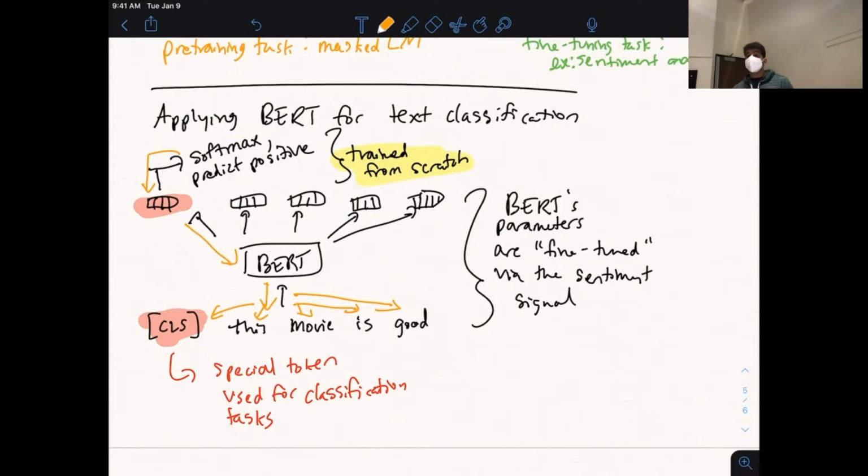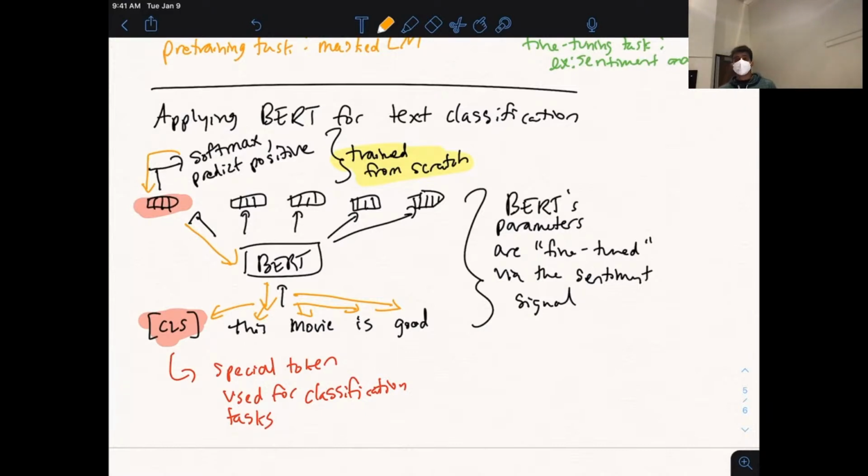You can also combine different tasks together, so you can, for example, pre-train your BERT model, fine-tune it on sentiment analysis, and then fine-tune it again on something like topic classification. Sometimes if you have tasks that are similar to each other, you can get better performance.